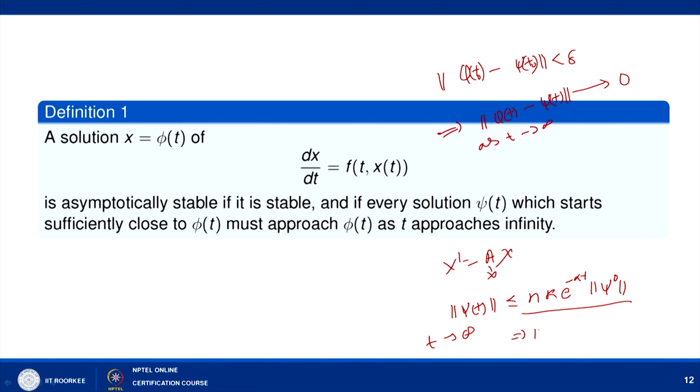So, norm of psi t tends to 0 as t tends to infinity. So, if all the eigenvalues of the coefficient matrix A have negative real part, then the 0 solution is asymptotically stable, and hence every solution of x dash equal to A x is asymptotically stable. Okay, that is what we have discussed here.